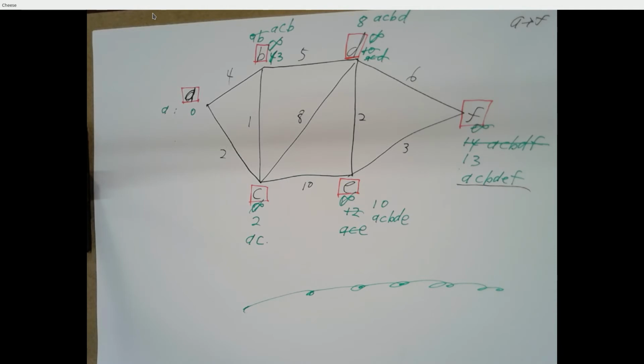So start at B, relax everything from there if you haven't visited. 6 plus 4, which is 10, which is better than 12, so that's good. To D is 9 plus 4 is 13. We've already visited D, so we're not going to adjust the distances of that.